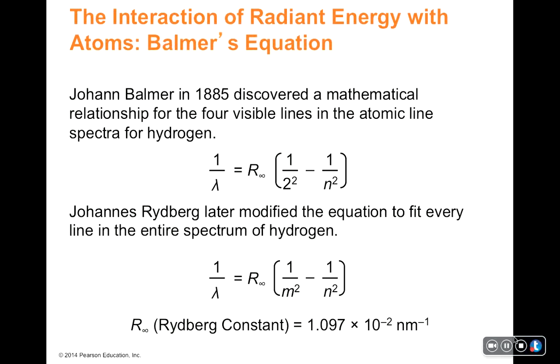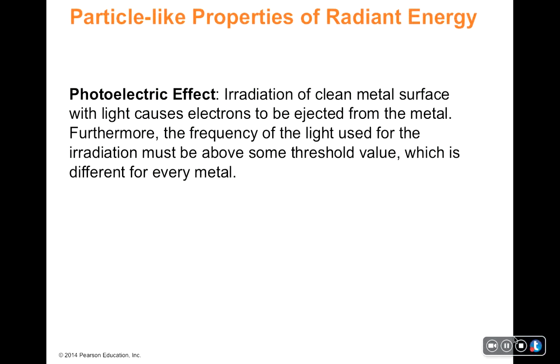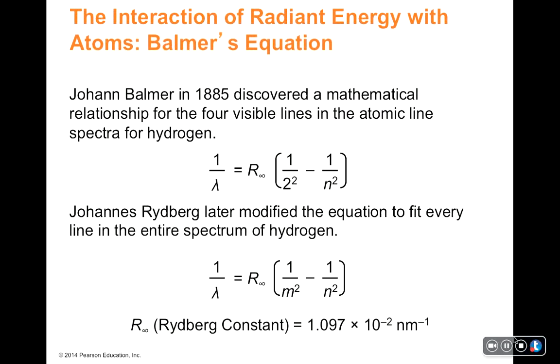They saw other emissions as well, and so this equation helped to explain the rest of those lines that they saw in hydrogen. At that point they were only looking at hydrogen. Later on, you'll see that it doesn't really explain the spectra of other atoms, and so that needed some further discovery and further experimentation and formulas that came out of that.